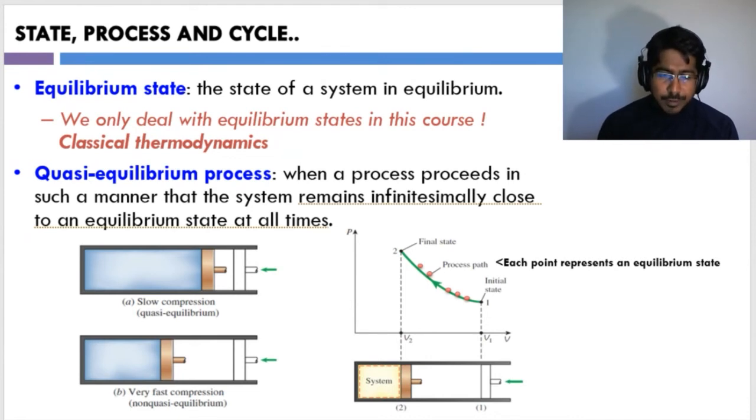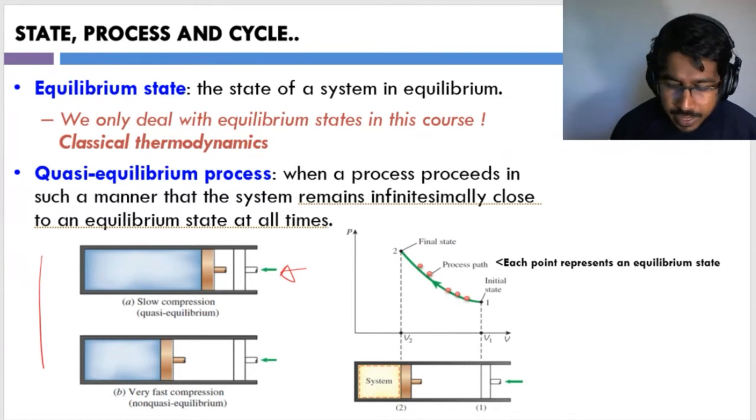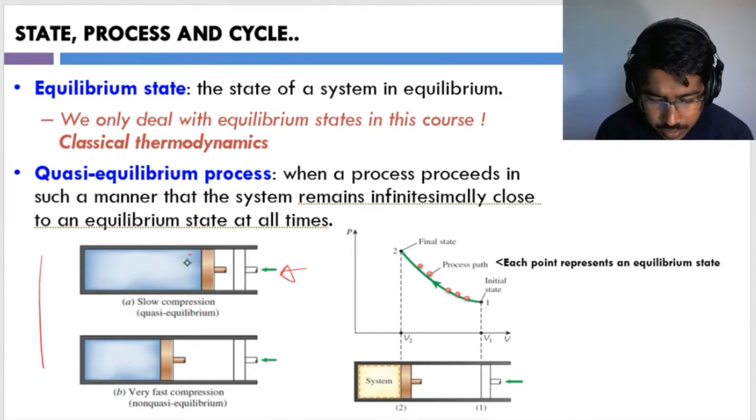So let's think of a piston cylinder mechanism as shown here in the figure, and we try to push the piston. Once we start pushing the piston, it presses the closest particles, and the pressure builds up here, pressurizing the particles here, and then this front pressurizes the particles here.